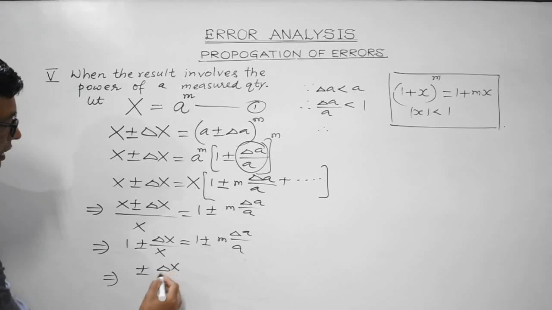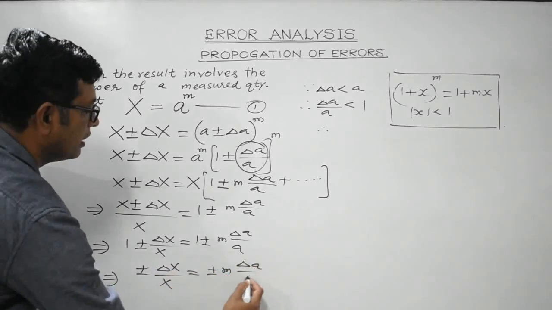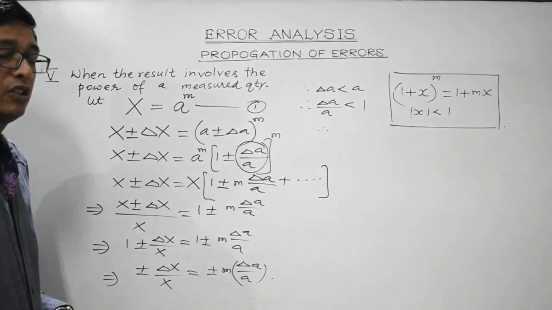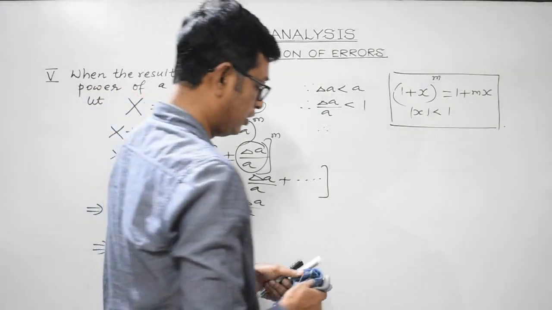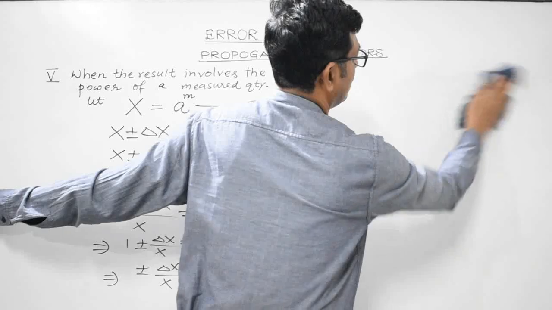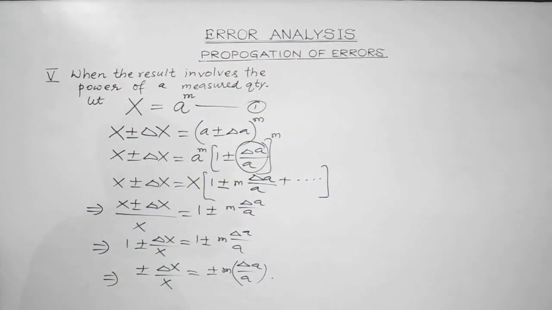Plus minus del x by x is equal to plus minus m del a by a. Right? Now again students, concentrate on the fact which we have discussed. While expressing errors, we need to always consider maximum permissible error. While dealing with errors, we need to consider maximum permissible error.